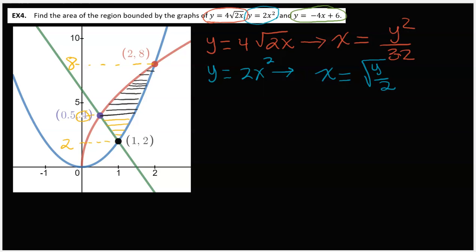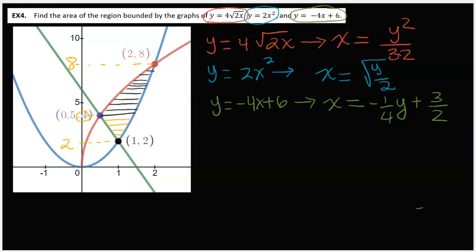And then the green one is the line y equals negative 4x plus 6. When we solve for x, we have x equal to negative 1/4 y plus 6 divided by 4, which is 3 over 2.